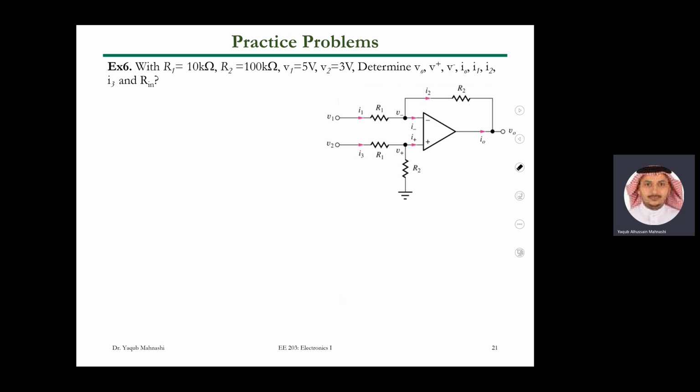So we need to determine the V output voltage, the value of V positive, V negative, the currents I0, I1, I2, and I3, right? All the currents, and even the R input seen from here. Okay. So what do you think? How can I do this? So this is Rn.